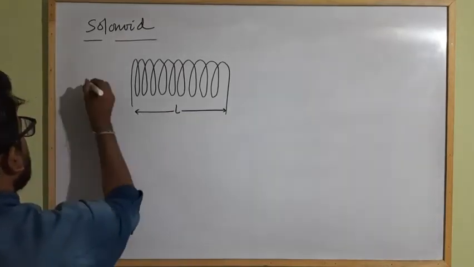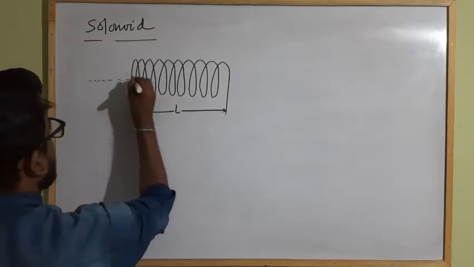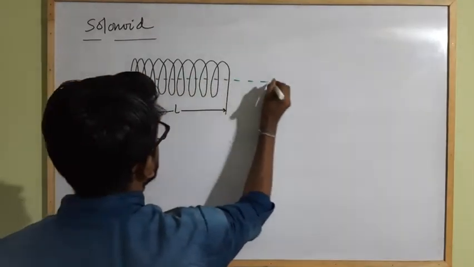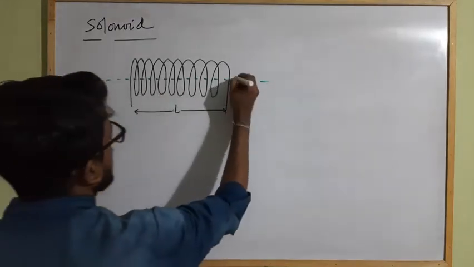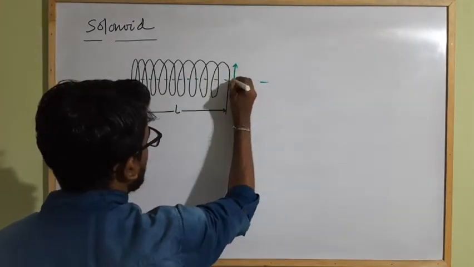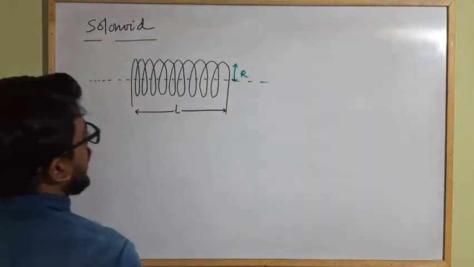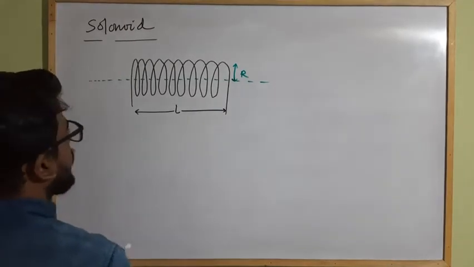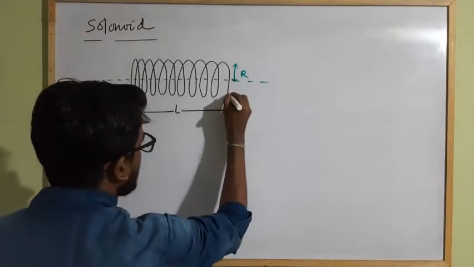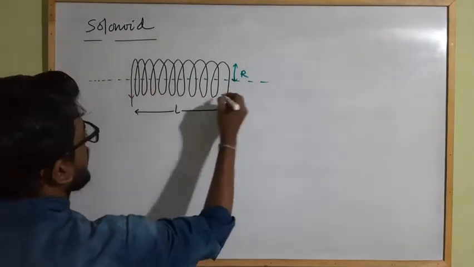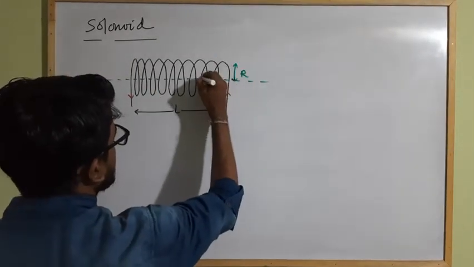If this is the axis of the core, this is the axis of the core of the solenoid, and this is the radius of the core of the solenoid R, and current within it flows like this. It comes like this.